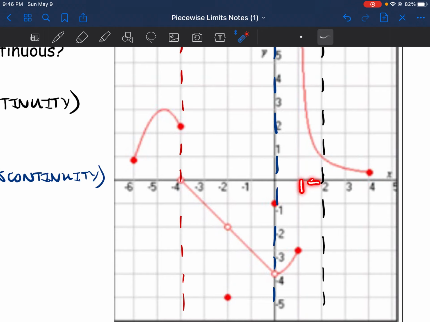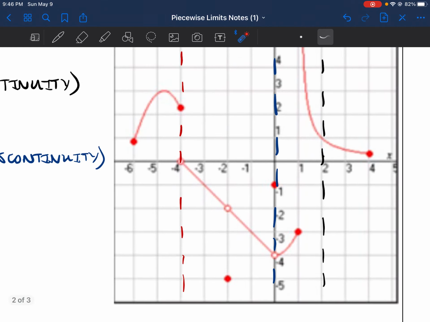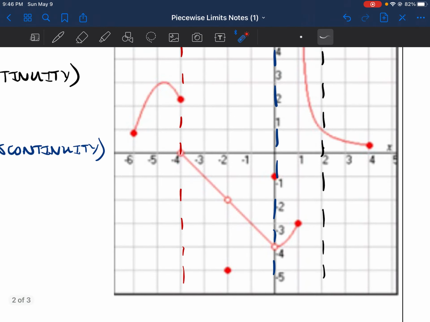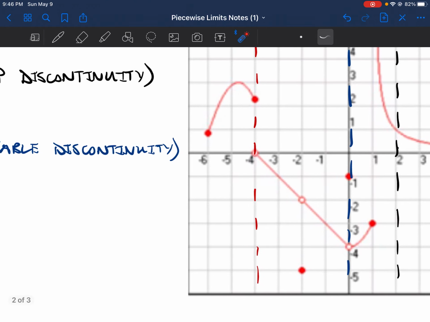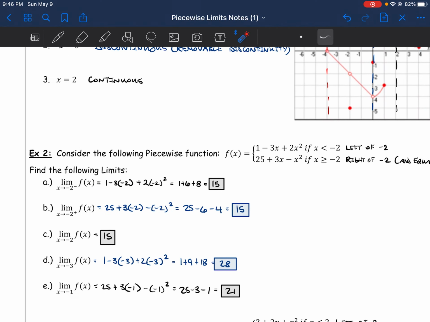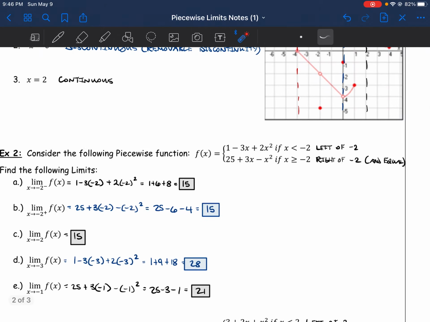Notice as I approach 1 from the right, the function values are blowing up towards positive infinity. We would call this an infinite discontinuity here at x equals 1, because there's an infinite amount of space between those.